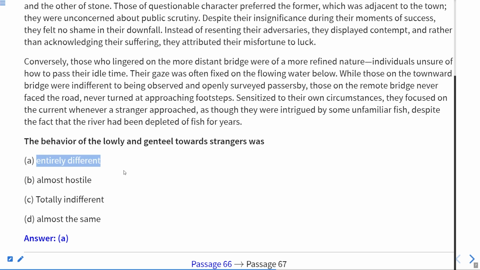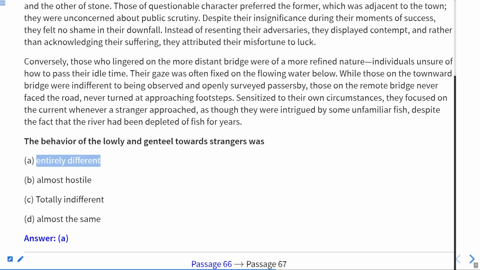It means they are of the nature who do not bother about anything. They have never faced the road. They have never turned to approaching footsteps. It means they have never seen a person passing by from there and followed his steps. So whenever any stranger approached, they are entirely different, because they do not know what is going on there. So that is actually entirely different.